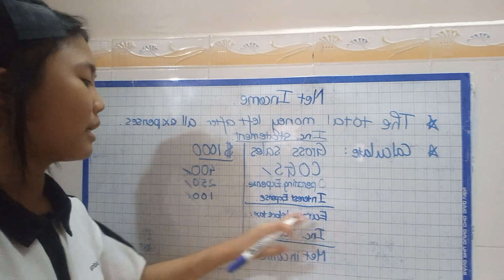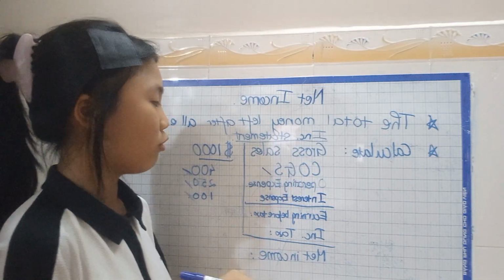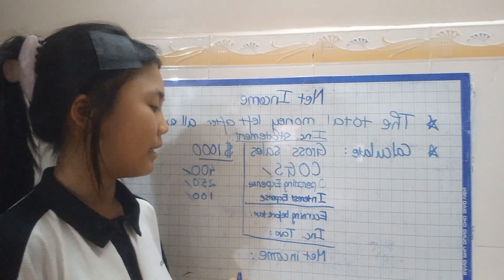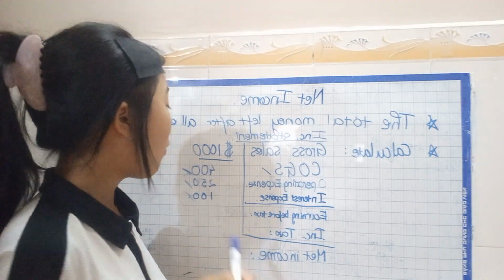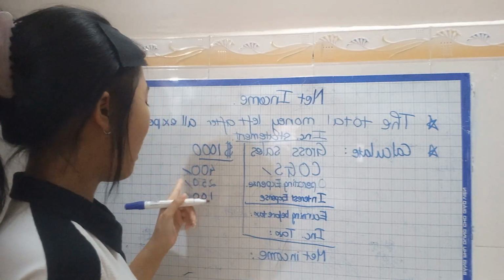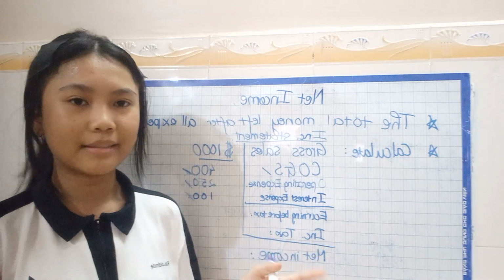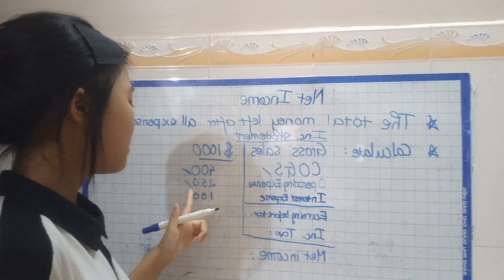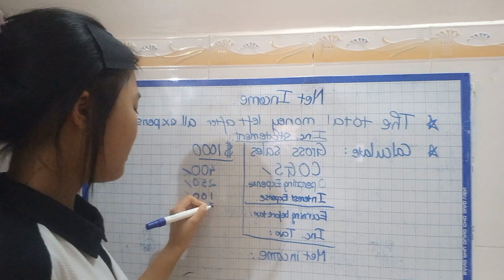So now let's calculate the earnings before tax, which is the total amount of gross sales minus the cost of goods sold, operating expense, and interest expense. So here we have $1,000 minus 400 equals 600, right? Then we minus 100 just for the sake of easy calculating, which is 500, and plus 4 plus 2 plus 1 equals 730.